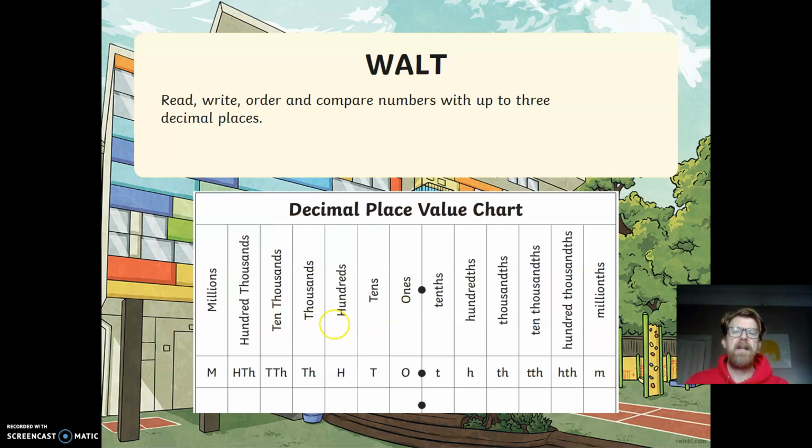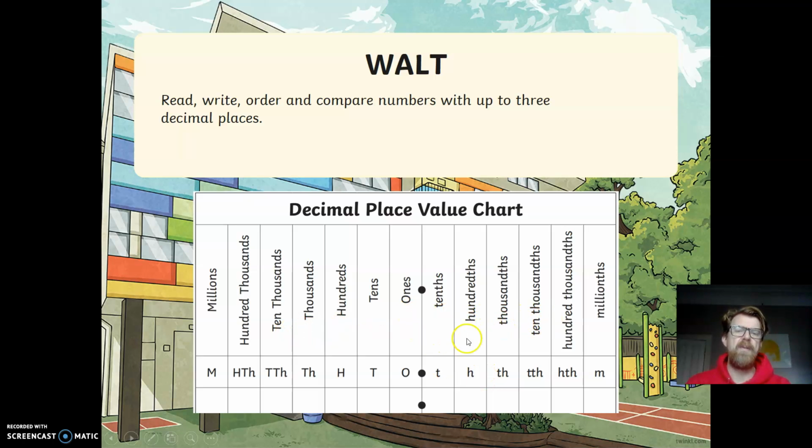So remembering that a decimal place value chart goes from, we're not really going to go at this end to millions, hundreds of thousands or tens of thousands, but we might do thousands, hundreds, tens and ones, which you're used to seeing. And then in year 4, you would have done tenths, and possibly some of you would have done hundredths. So these are numbers that are getting smaller.